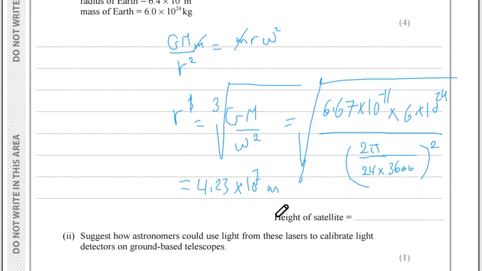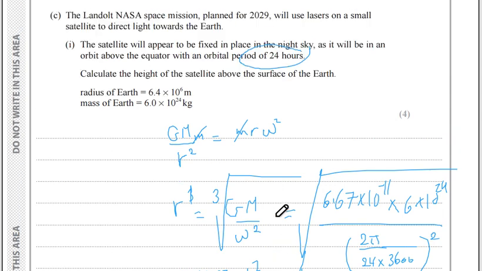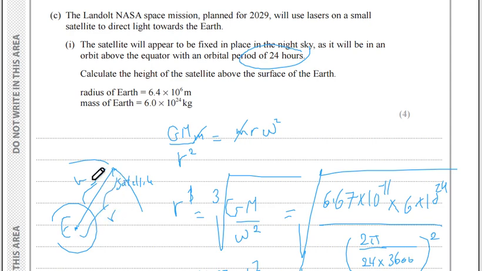Okay, but the question asks not about the distance from the center of Earth to the satellite, okay? It asks about just the height, which is this distance, okay? So h is equal to r minus R, the radius of Earth.